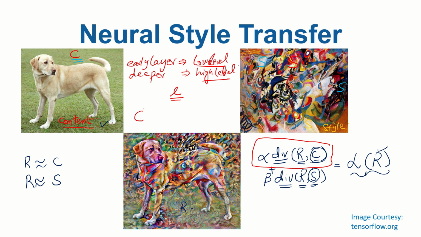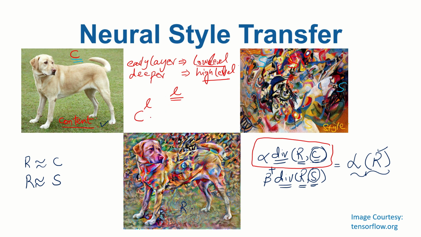We use the activations of that layer for C, the content image. We pass this image C through the convolutional neural network up to layer L, and the activations of layer L are our feature map for the content image. Choosing this layer L is again a hyperparameter, but the heuristic is to not go too deep and not stay too early. It is somewhere in between the network.